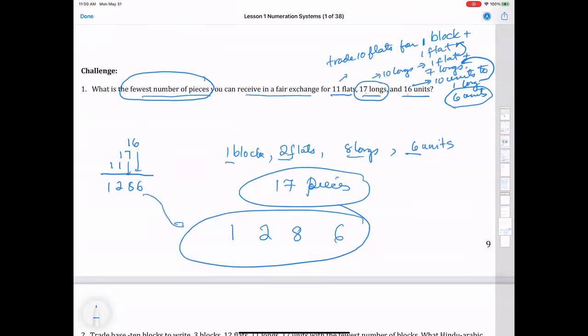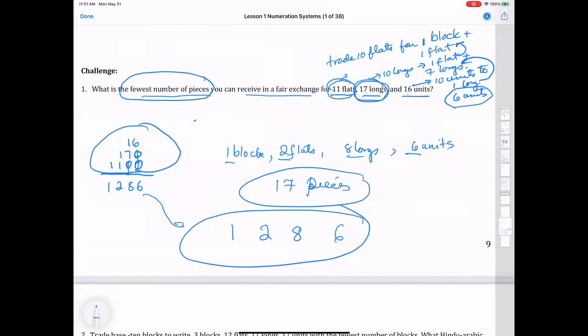So it's 1, 2, 8, 6. The reason why I wrote it that way is because 17 longs is 17 groups of tens. So that's 170. And 11 flats is 11 groups of hundreds. So that's 1100.